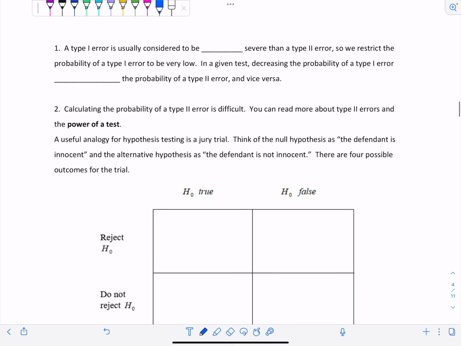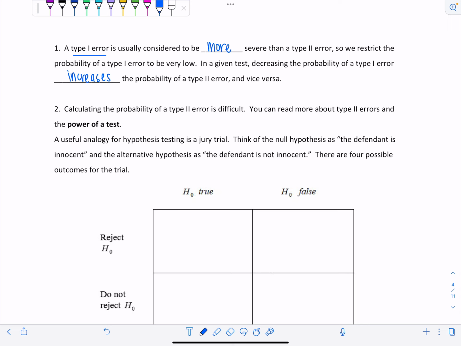A type 1 error is usually considered to be more severe than a type 2 error. So what we do is restrict the probability of a type 1 error to be very low. In a given test, decreasing the probability of a type 1 error increases the probability of a type 2 error and vice versa. So they're inversely related. But because we're more afraid of a type 1 error occurring, that's the one that we restrict and keep low.